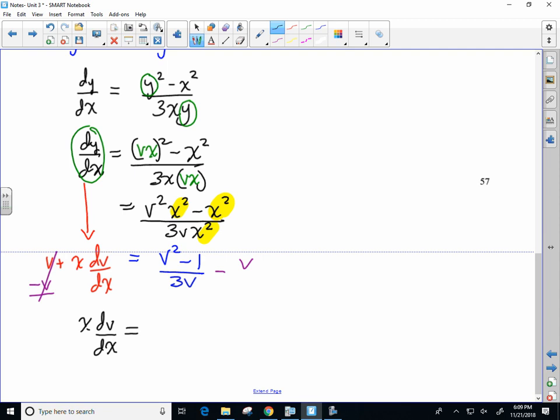The other one, I need a common denominator, so I'm going to make that v a v over 1. And then multiply top and bottom by 3v. So we'd be looking at v squared minus 1 minus 3v squared over 3v.